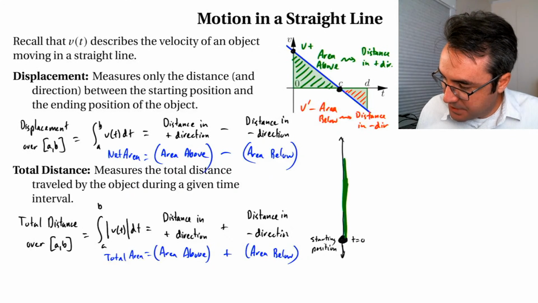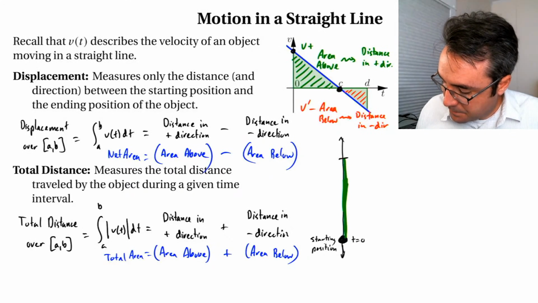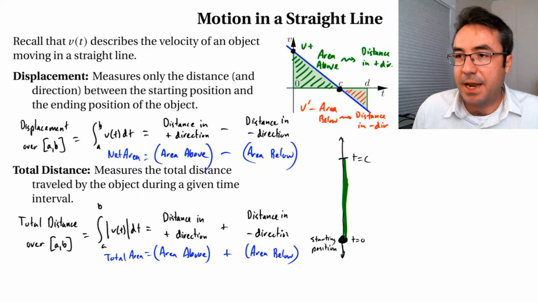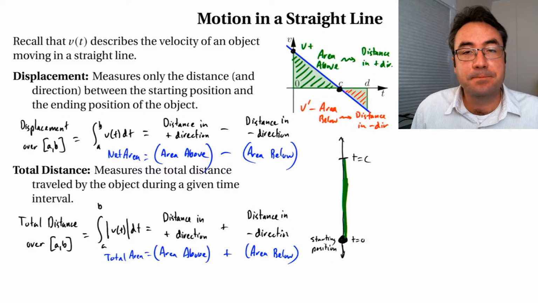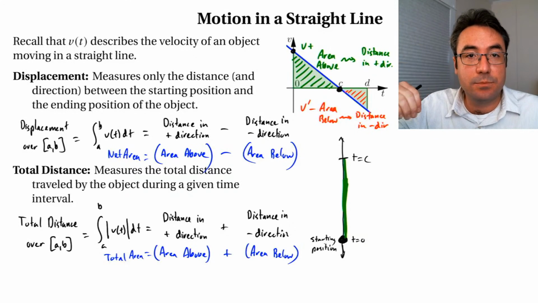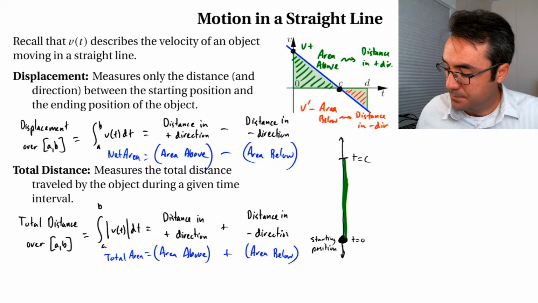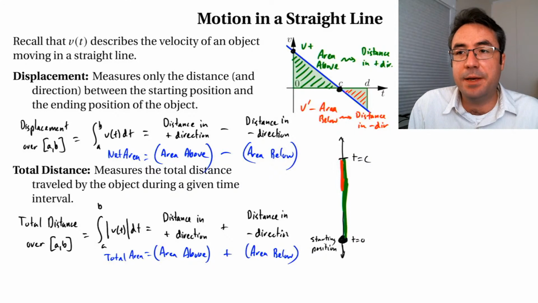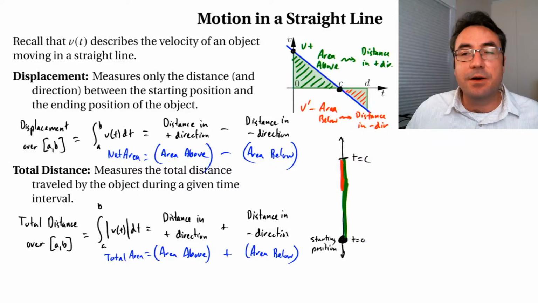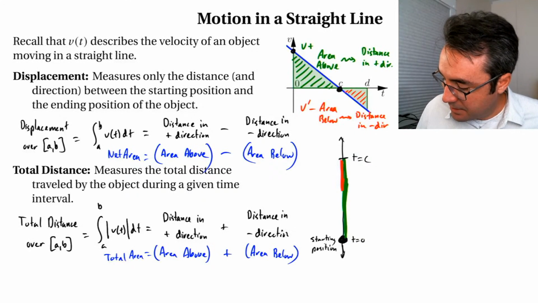So at time C, we change directions and start traveling downward. We travel downward for a bit, and then at time t equals d, that's the end of our interval, so we stop paying attention then.